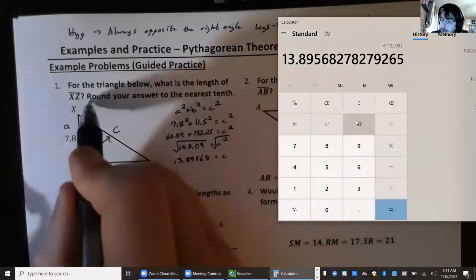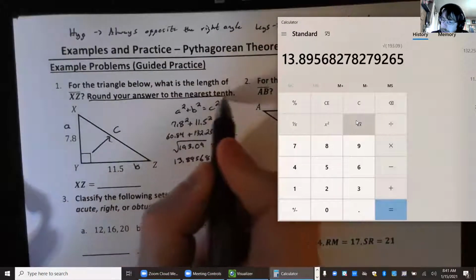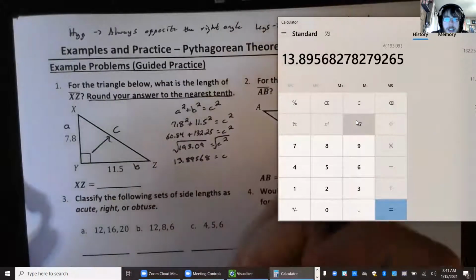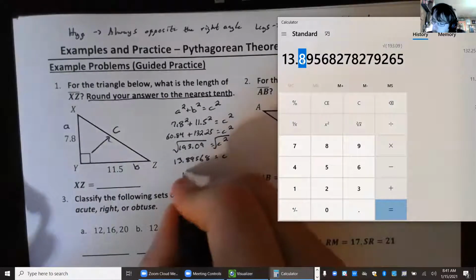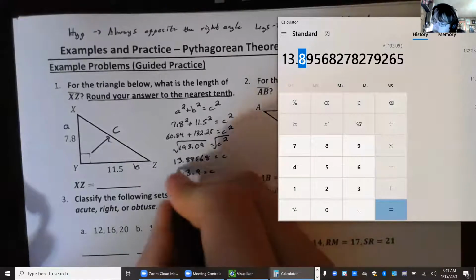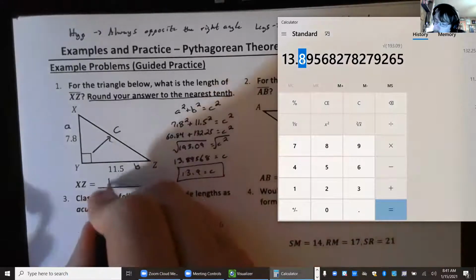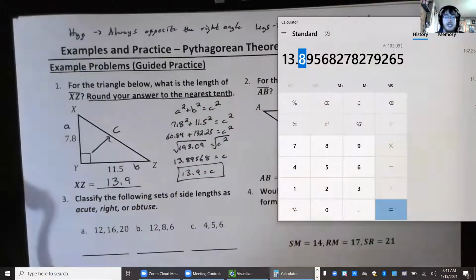And in this case, it says round your answer to the nearest tenth. And the nearest tenth is 1 decimal place, which would be here. But there's a 9 behind it, so we have to round the 8 up to 9. So 13.9 is equal to C. So that's what XZ is.